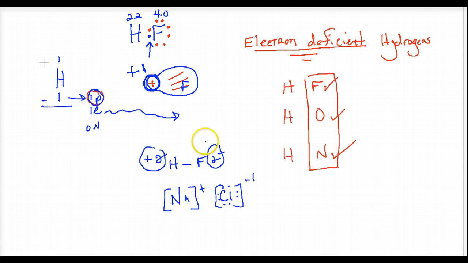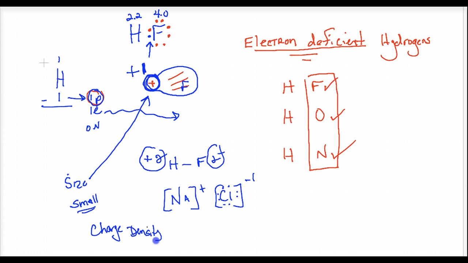So the point I'm trying to make here is that because the electronegativity difference of fluorine and oxygen and nitrogen are so high and they share so unequally, they almost make this exposed electron deficient hydrogen almost +1. On top of that, what's the size of a proton? The size of a proton is very small, which means the charge density is very high.